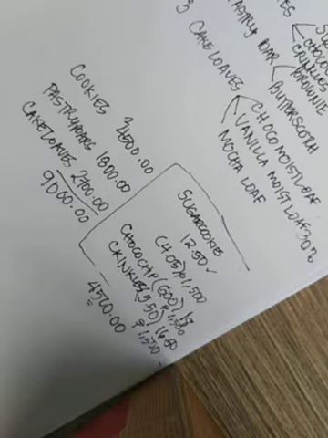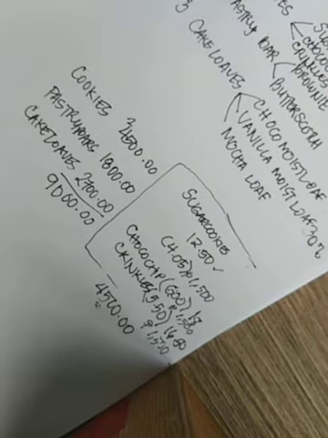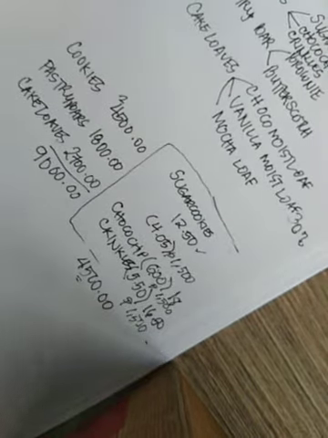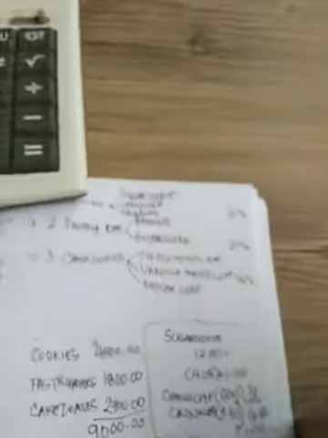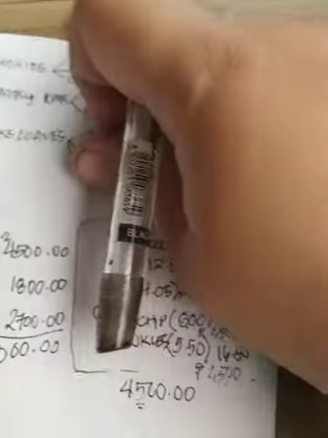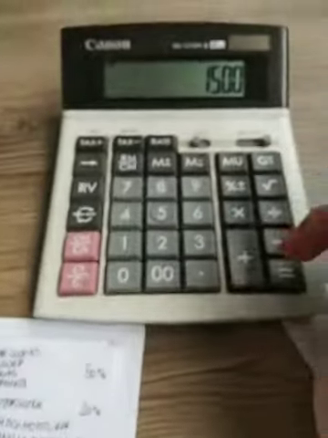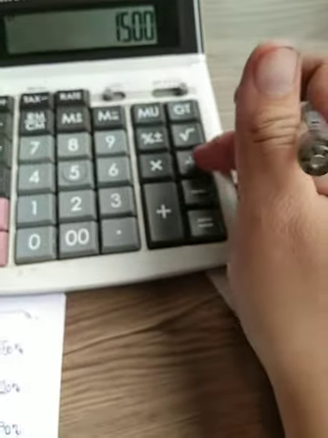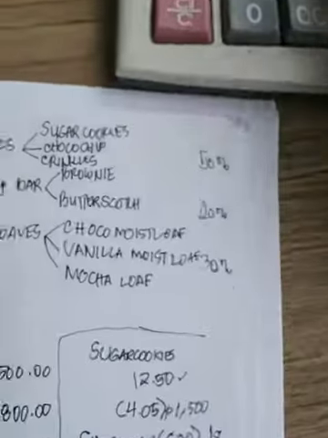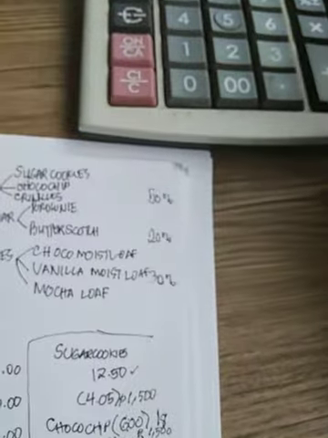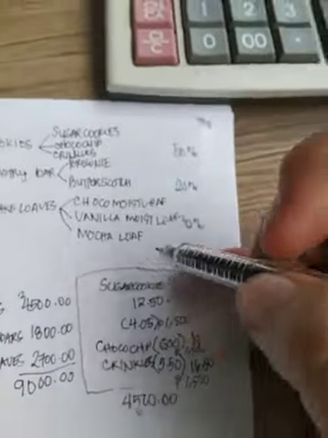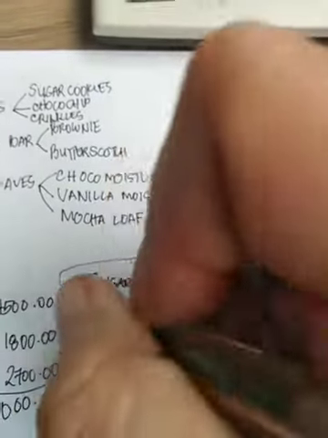So now I'm back. I have my calculator na. So ilang sugar cookies daw ang gagawin na worth 1,500. So 1,500 divided by 12.50. So dapat gagawa ka ng 120 pieces na sugar cookies.